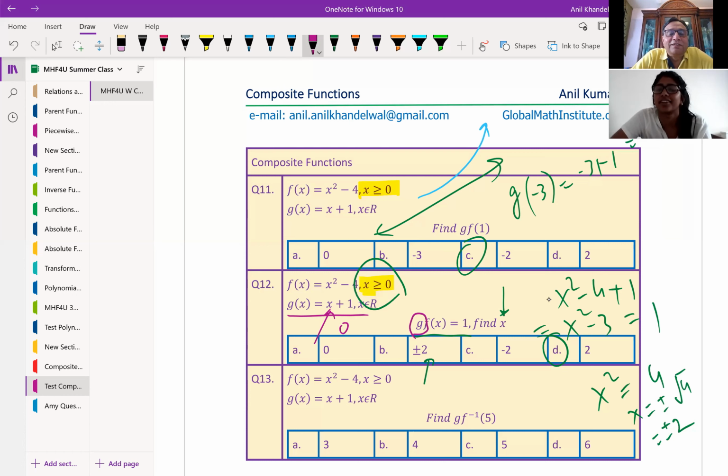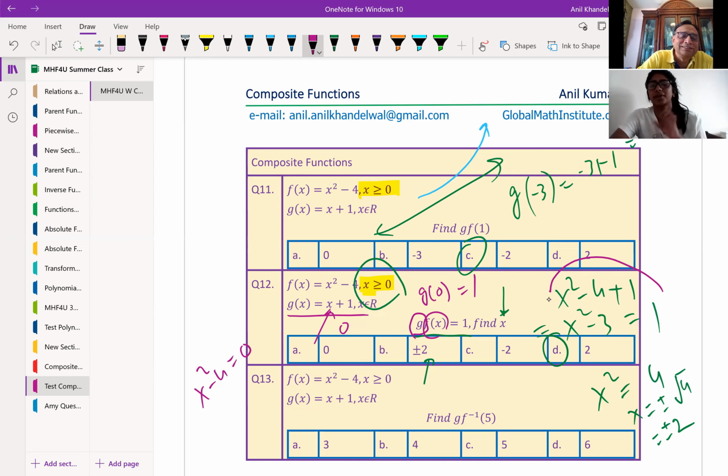That means I'm actually looking into g of 0, right? That is going to give me 1. So that means f of x is 0, right? That means that x squared minus 4 is 0. Do you see that? So I did not do all this, but I got the same result.